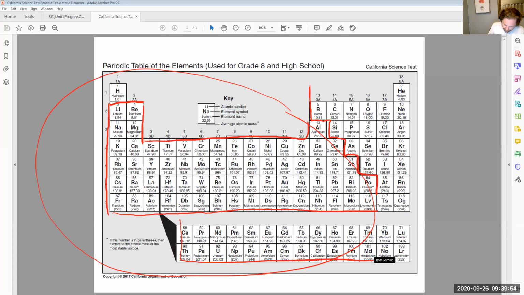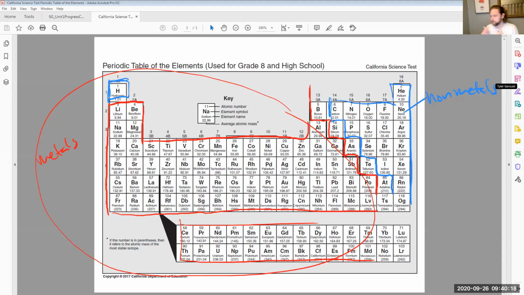Everything here are metals. These are metals. And then I'm going to not bubble in the metalloids. Take them off. Bye. I'll see you later. And then these are nonmetals.